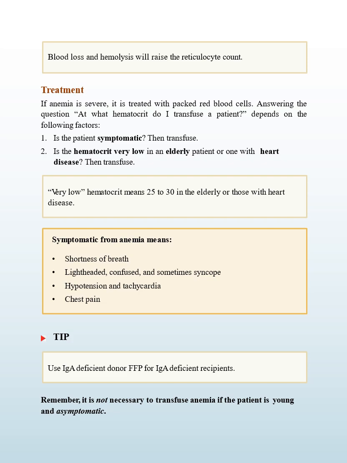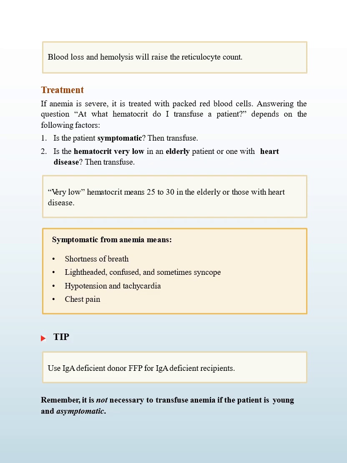There is another clinical tip which states that symptomatic from anemia means, number 1, shortness of breath, number 2, lightheaded, confused, and sometimes syncope, number 3, hypotension and tachycardia, and number 4, chest pain.